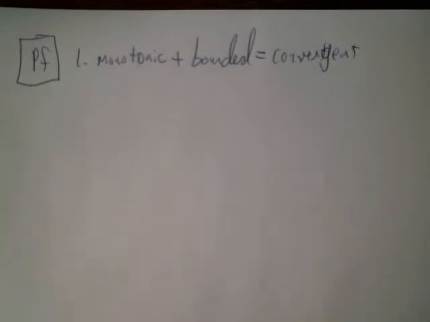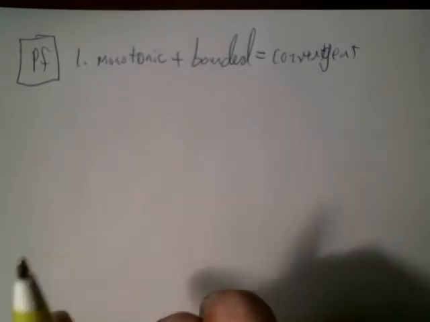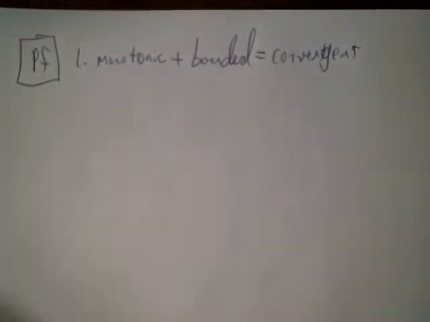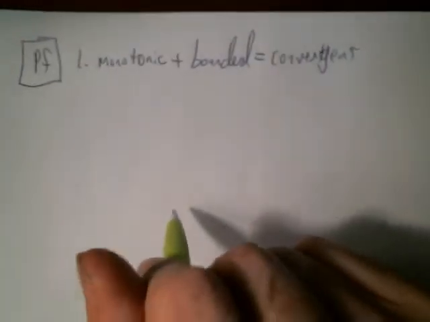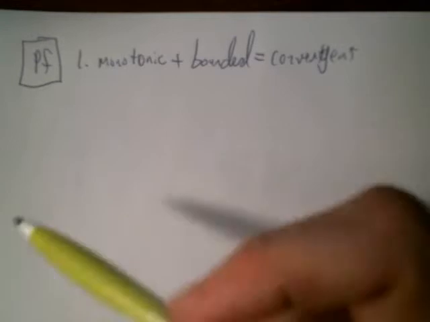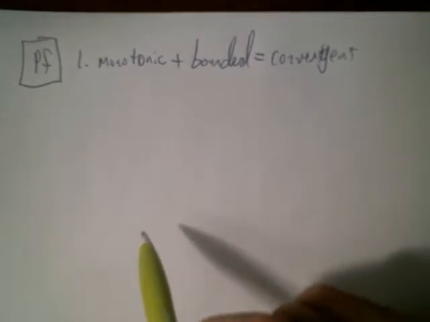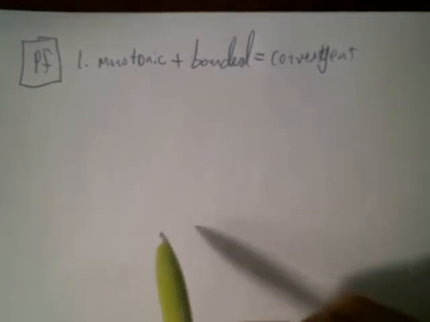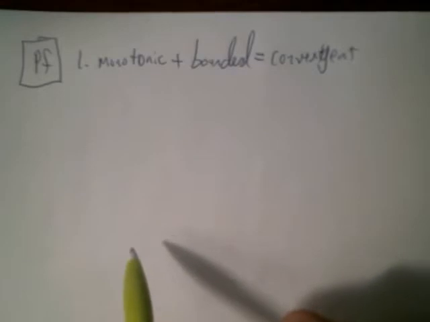If it's increasing and bounded above, it'll converge. If it's decreasing and bounded below, it'll converge. So in this case, we'll have a sequence of partial sums that will be increasing, and it's also bounded above. So it'll end up being convergent.